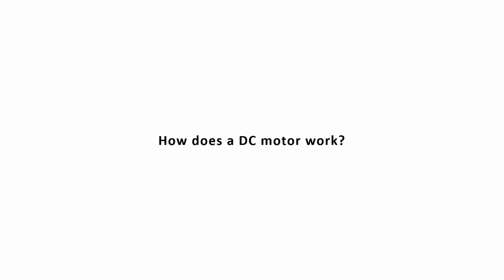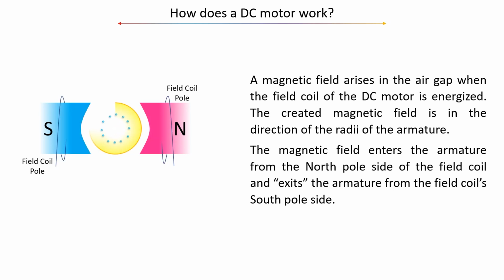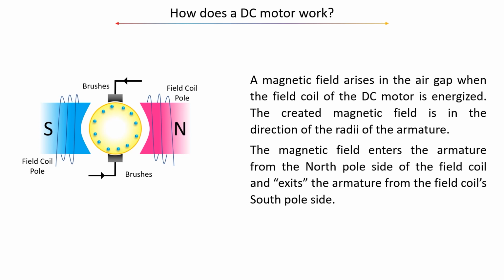How does a DC motor work? A magnetic field arises in the air gap when the field coil of the DC motor is energized. The created magnetic field is in the direction of the radii of the armature.